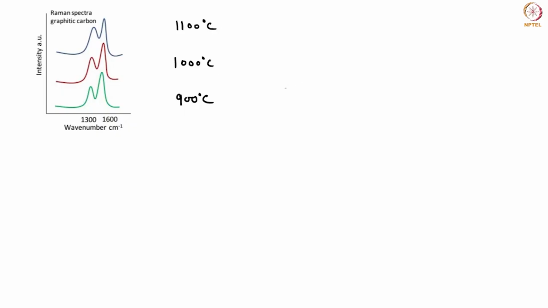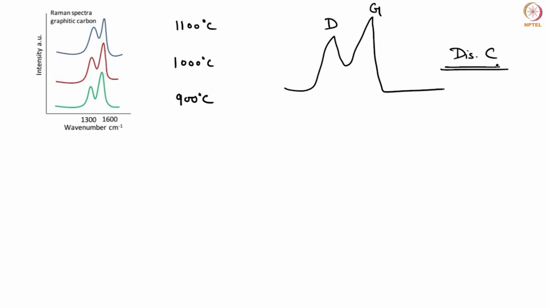Okay, so we know that most of the disordered carbon materials will have this kind of Raman spectrum, and they will have two bands, D and G band. So we are not talking about graphite. As you can see in the spectrum itself, this is that of a disordered carbon material. Okay, fine. So now one standard method for finding out the change in the graphitic content is to divide the intensity of these peaks, so ID by IG.